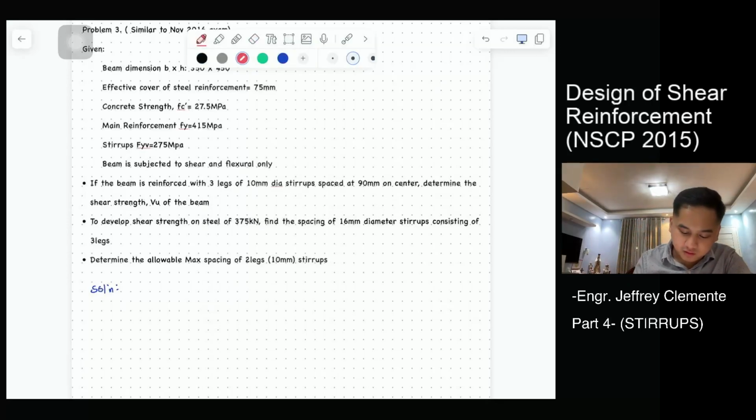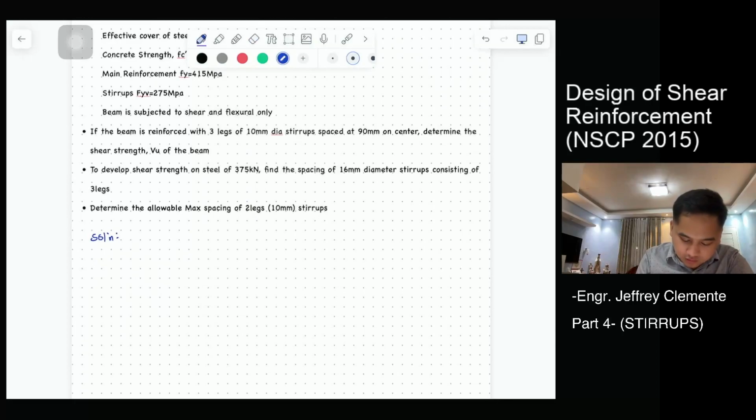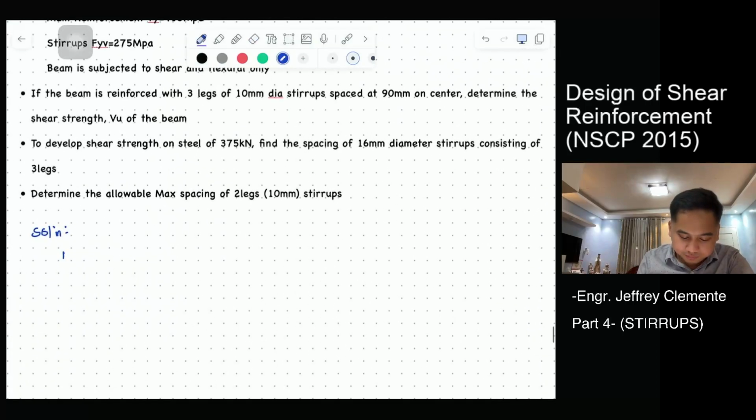Vu is equal to phi Vc plus Vs, kasi ang Vn is equal to Vc plus Vs. So, if you multiply phi, then it would become Vu.